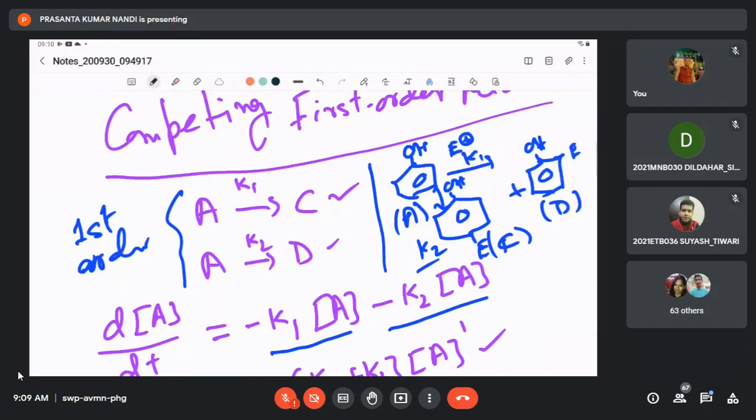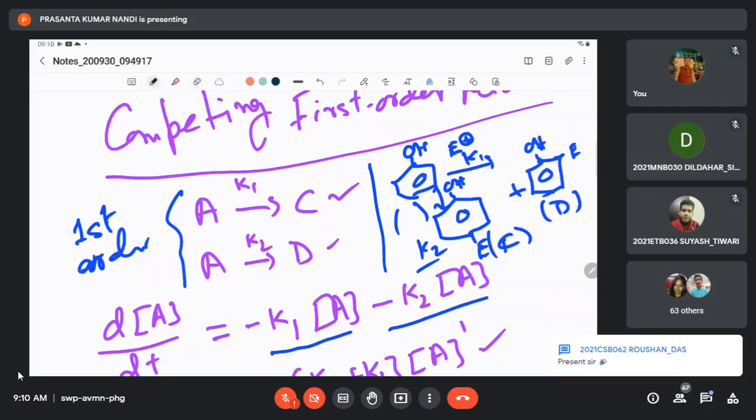So naturally you will expect two products. If we label it as reactant A, the reactant A is the phenol.